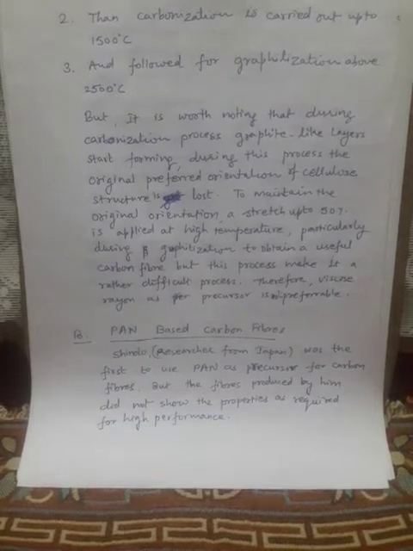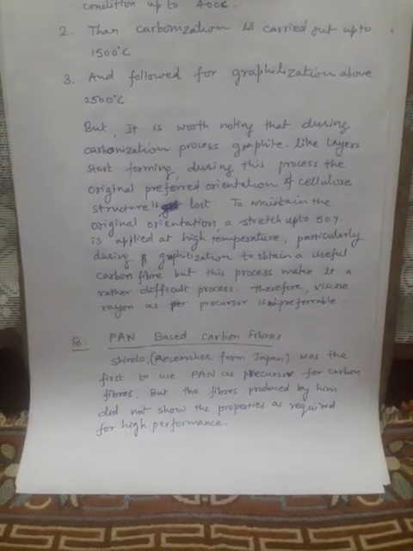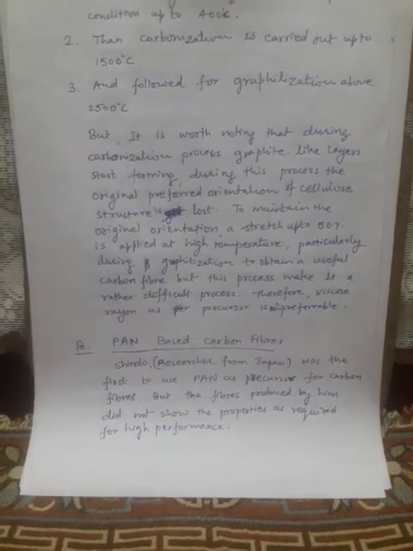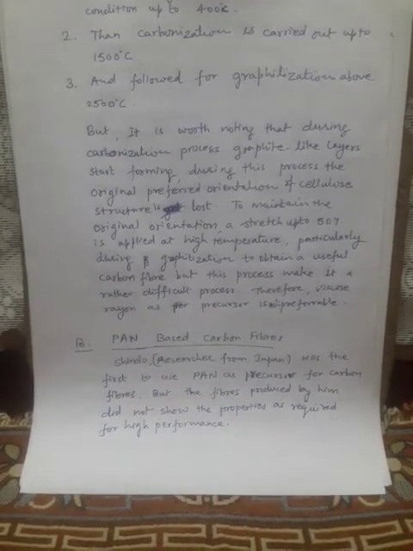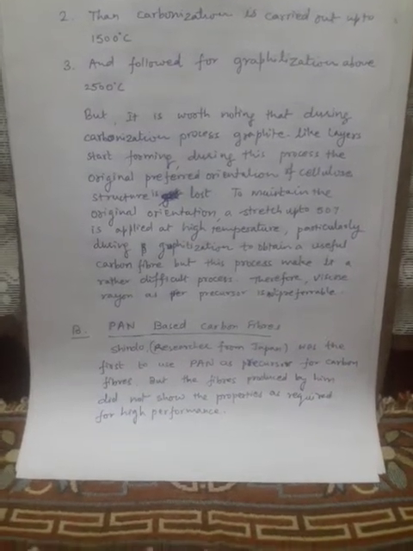Finally, after the carbonization, the graphitization takes place, and the resulting fibers have low strength and not enough modulus. So that's why the carbon fiber produced from viscose rayon is not considered a high performance fiber for particular high technical applications.